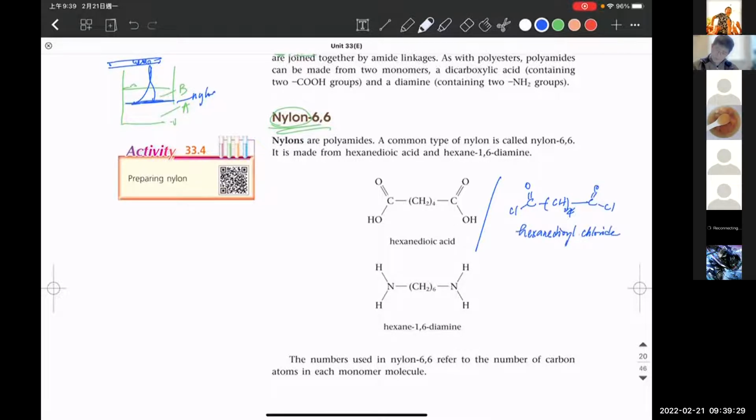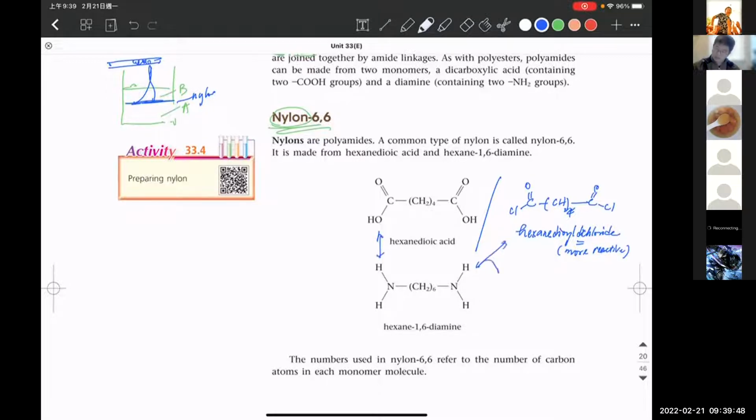Or you may see somebody use the word dichloride to tell. So it is a more reactive species. So it is a combination of this to this or this to this.